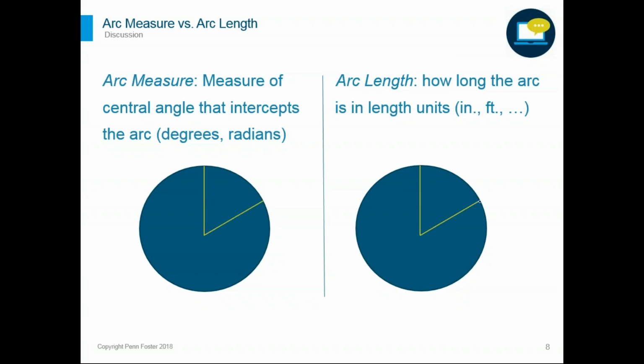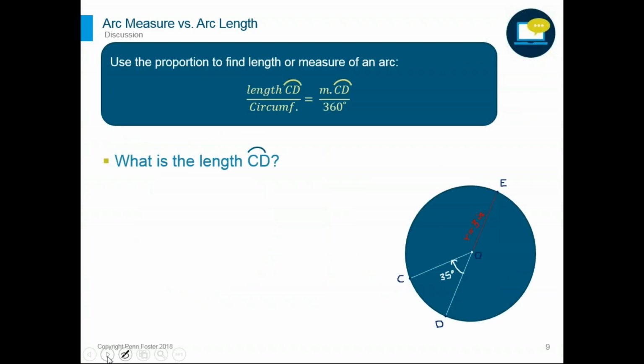This is the difference. Now, how can we find an arc measure if we're given the length of the arc, or vice versa? If you have the measure of the arc, how can you find the length? Or if you're given the length, how can you find the measure? We're going to use a proportion to do that. And that proportion will be based on factual information that we know about the circle.